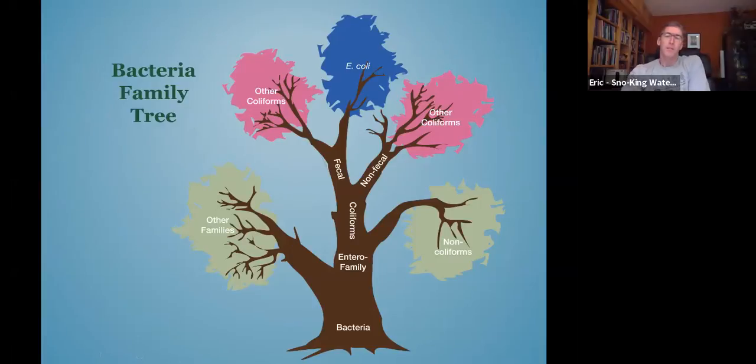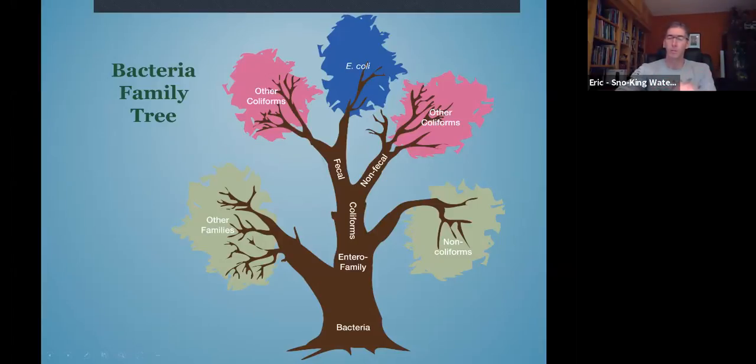They come in different families. The ones that we're mostly concerned with are a type of coliform bacteria, and in particular E. coli. You'll see that the sampling that we do tests for E. coli and other coliforms, and the color coding on that tree represents the color that the colonies show up in our bacteria tests.